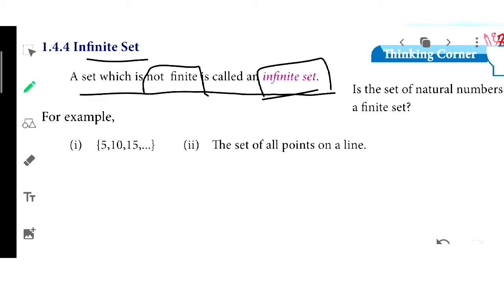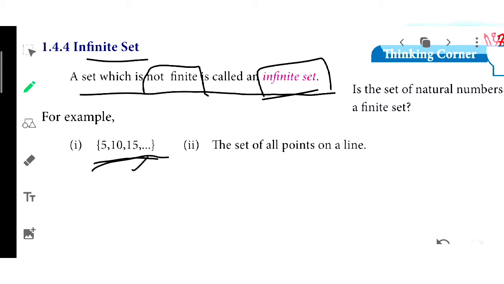For example, the set of multiples of 5, which is a non-ending set. We can write the multiples of 5 up to a crore, up to a million, but we have the multiples of 5 up to infinity, so that is an infinite set.